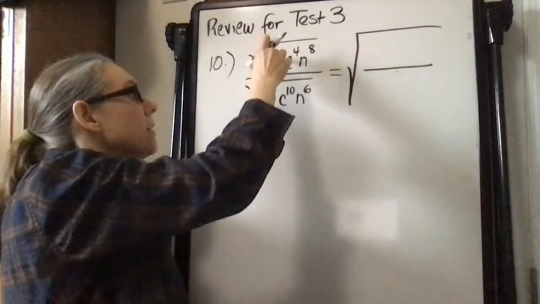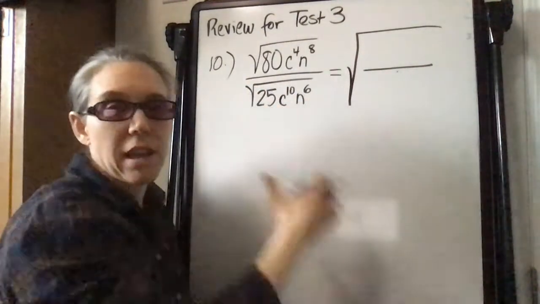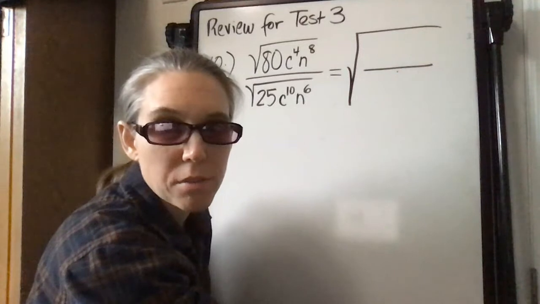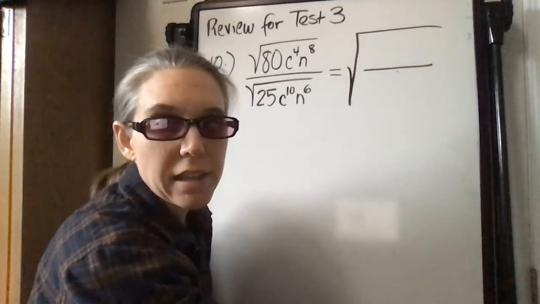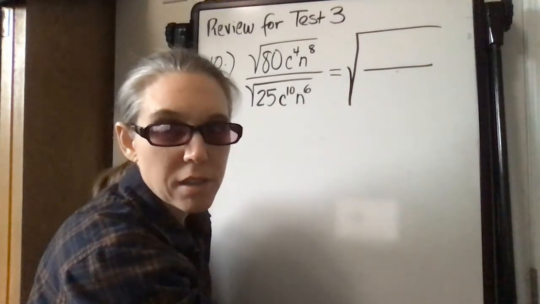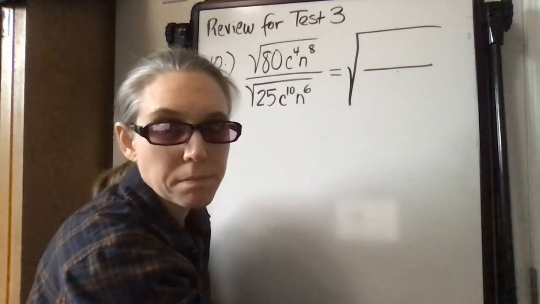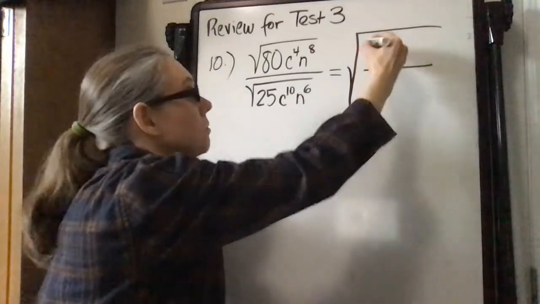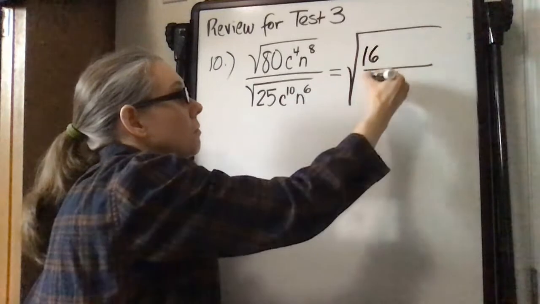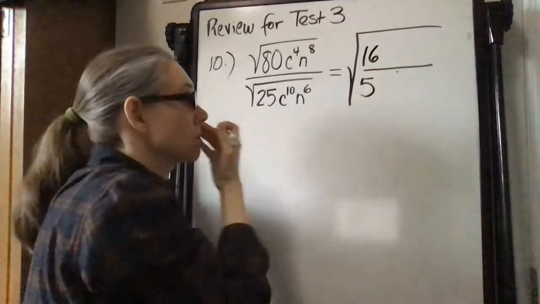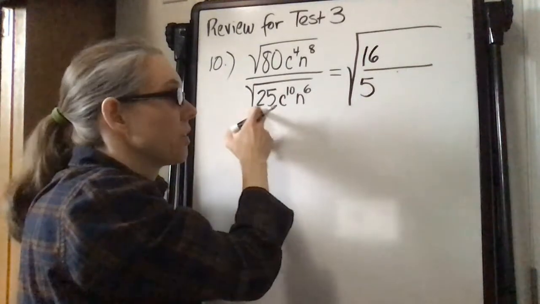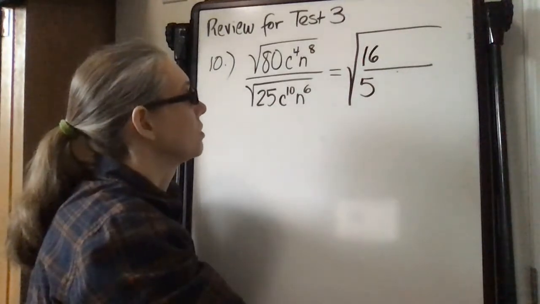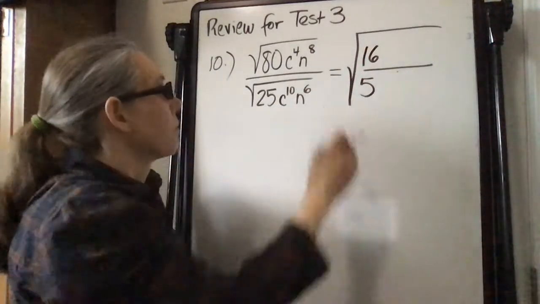So 80 divided by 25. 80 is divisible by 5, right? So 80 divided by 5 is what? 16. And 25 divided by 5 is 5.